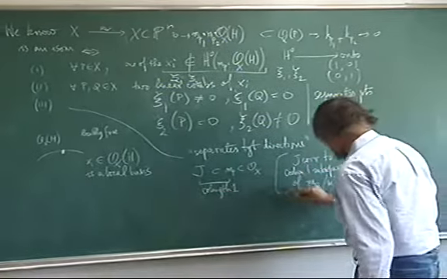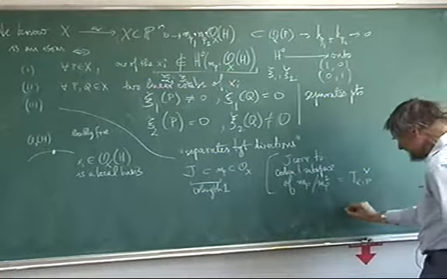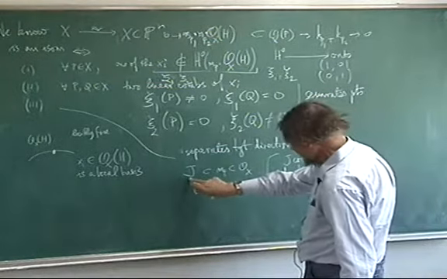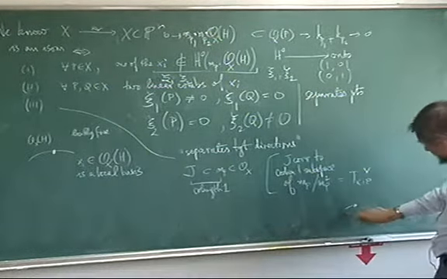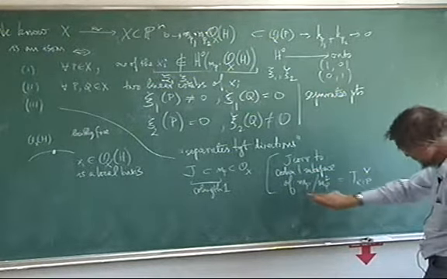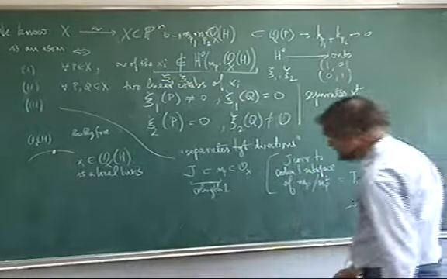Right, and so I'm saying if I've got a vector in the tangent space, then this J here is the set of elements of MP that vanish on this vector.